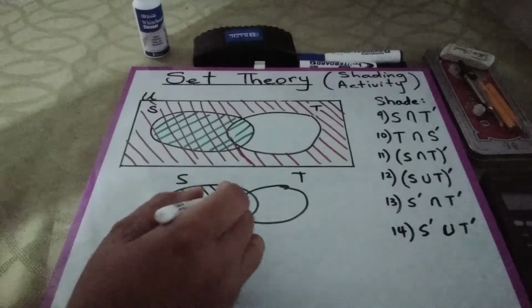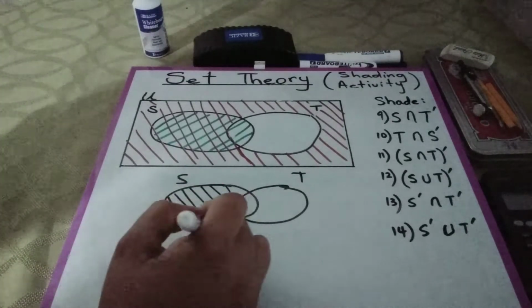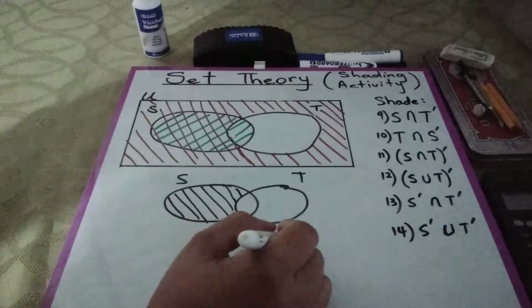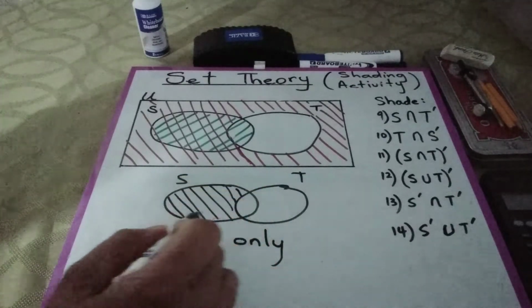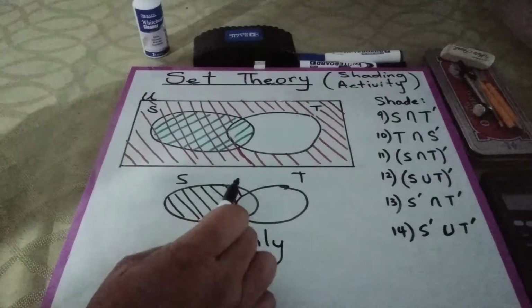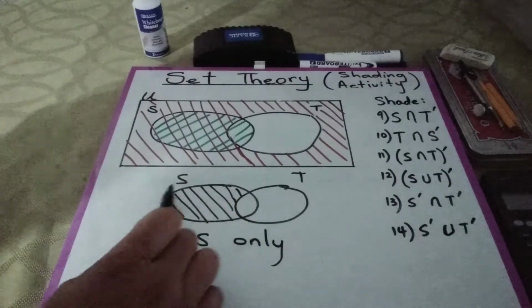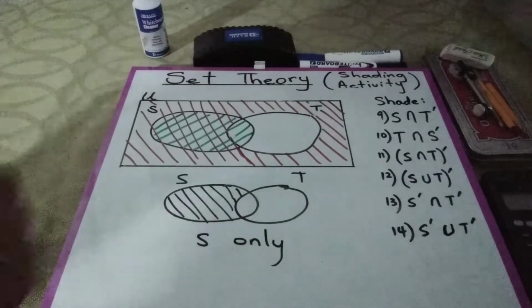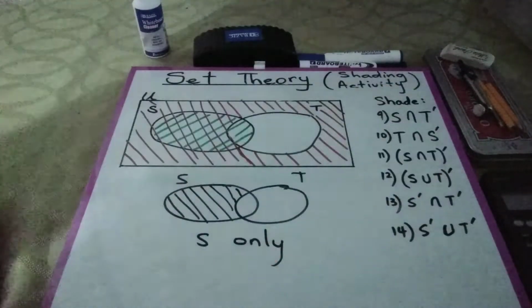So what does this remind us of? This reminds us of S only. It's not all of S that was shaded, it was just the part that has S elements in S that does not share anything or intersect with T. So this is the same thing as S only.